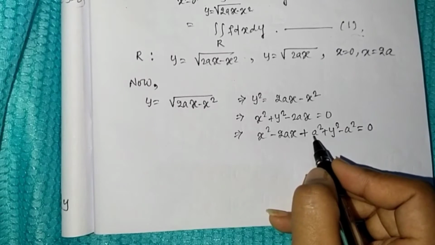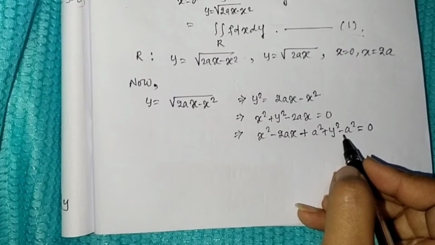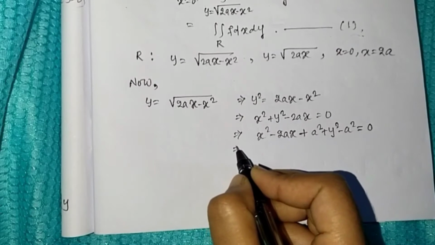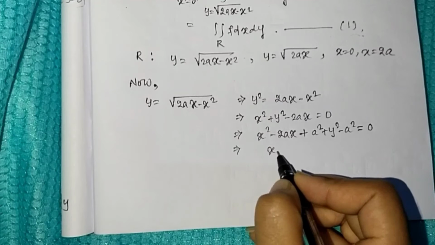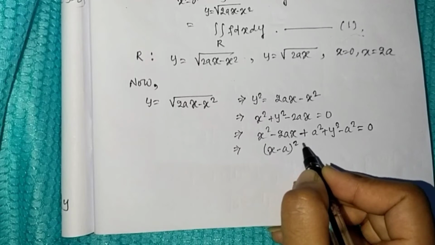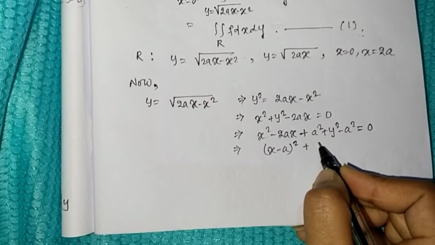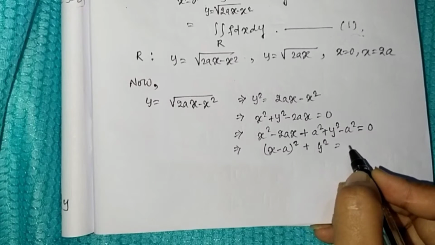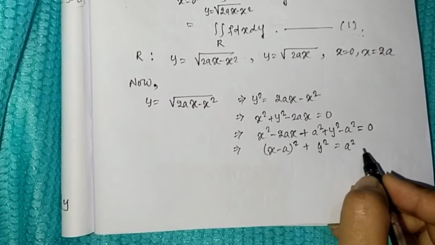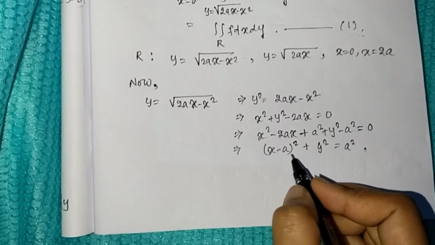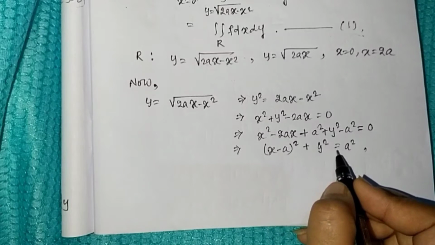Here we are adding a square and subtracting a square, then that is our x minus a whole square plus y square equal to a square, which represents a circle with center a, 0 and radius a.